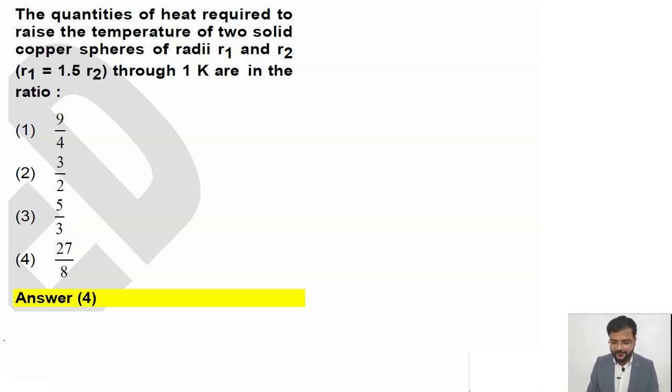So let's see here. Heat can be written as Q equals m c dT, correct? Here c is the same for both spheres and the temperature change is also the same, because the temperature rise is 1 Kelvin for both spheres, correct? And m is the mass. The mass will be different because the radius is different, correct or not?